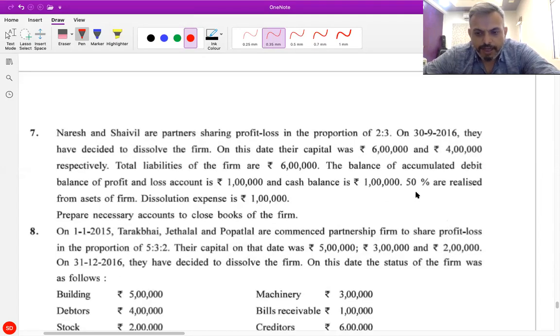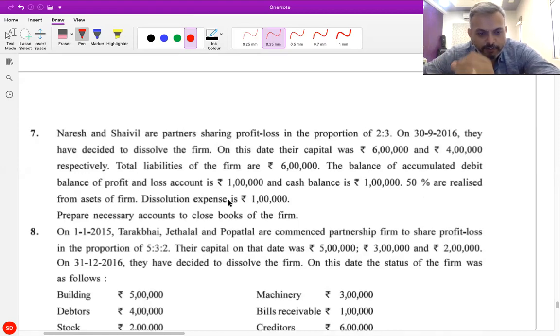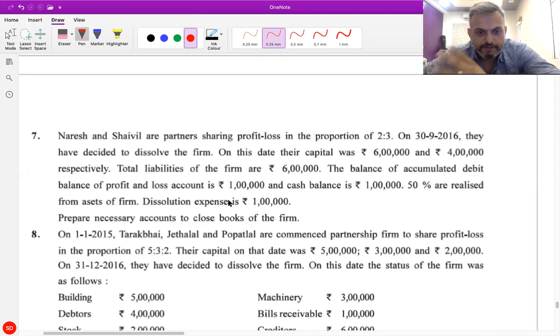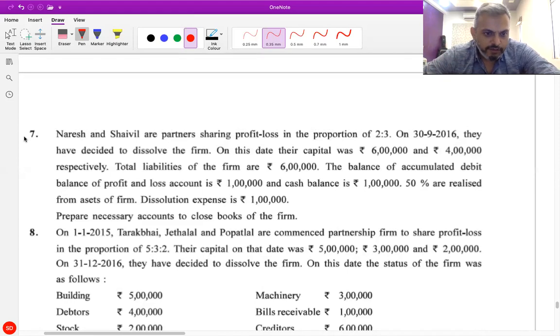It is given that 50% are realized from assets of the firm. So whatever assets you find, realize 50% of them, pay off the liabilities, and pay off the dissolution expense, find out profit or loss, transfer it to partners' capital account and close. So you have to do the seventh one. Please do this once again as your homework.